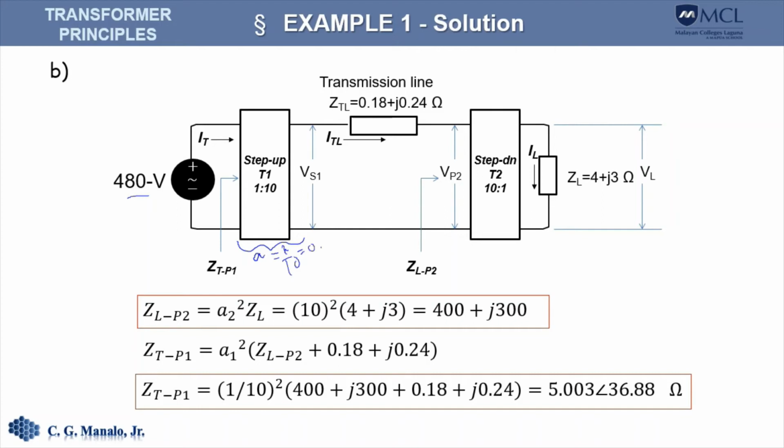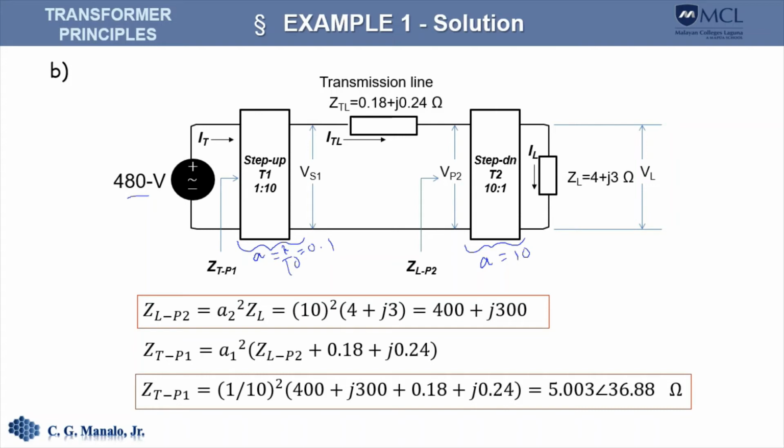So this is 0.1. And then transmit the power, and at the other end, we step it down using a step-down transformer with a ratio equal to 10. Okay, and then we connect the load at the secondary side of that transformer.